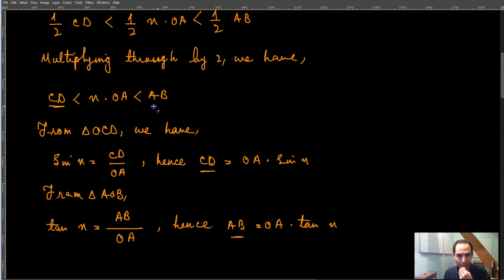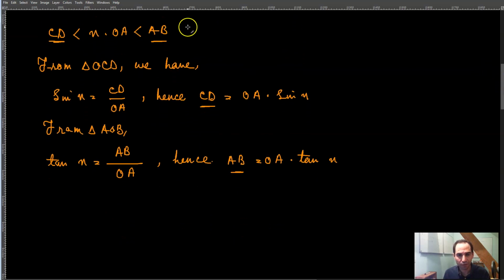And so we can rewrite inequality 1 as: CD, which is OA times sine x, is less than the sector, x times OA, which is less than AB, which is OA times tan x.